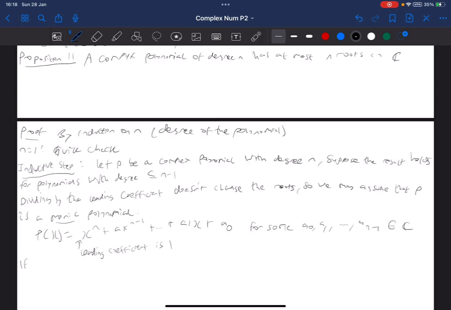So, if P has no roots at all, then we're done.